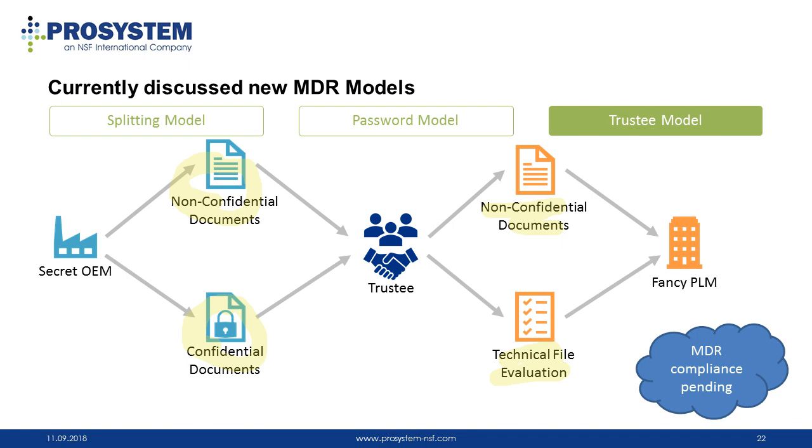So when it comes to these issues for the other two proposed models, the difference here is, like I said, the trustee is seen as part of the organization of the PLM, and he can also be involved, for example, when it comes to risk management decisions, because they have the knowledge about this confidential part.